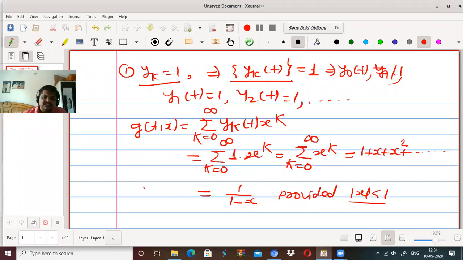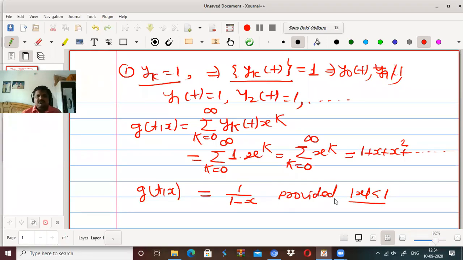So this is G(t, x). So what I can say here now is that 1 upon 1 minus x is the generating function for this sequence y_k^t equal to 1.